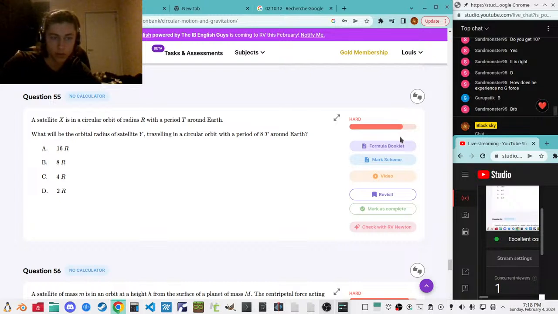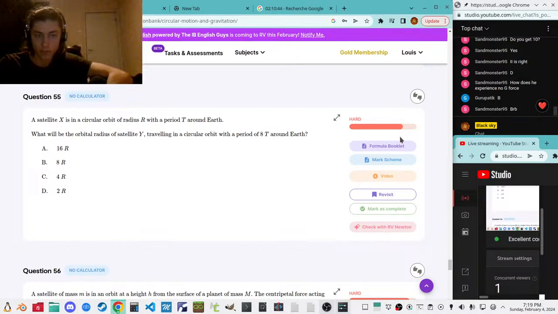What will be the orbital radius of satellite Y traveling in a circular orbit with a period 8T? So clearly radius is proportional to T squared. So if T is 8, then that's a problem because we have no square roots here.